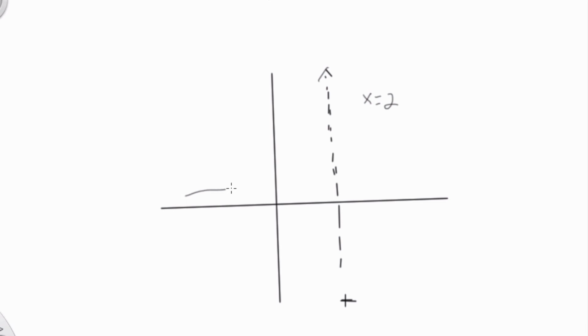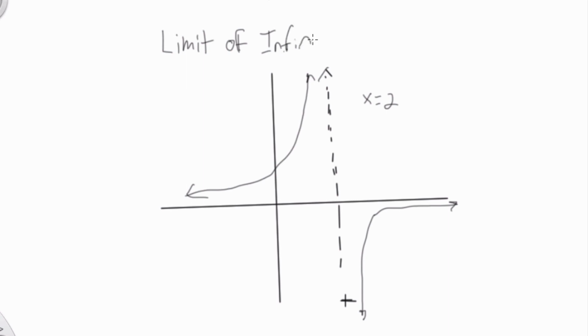If I have a function that is going like this, and then is going like this, then obviously I have to pick up my pencil. I can't trace the life of the function without picking up the pencil. So that would be a limit of infinity. The limit of infinity would be our third type of discontinuity.